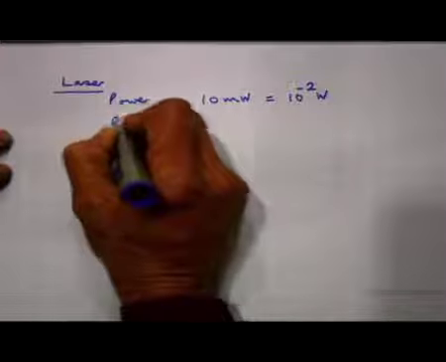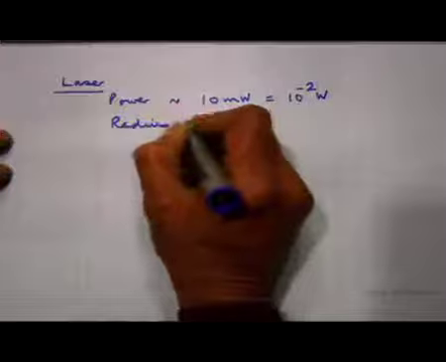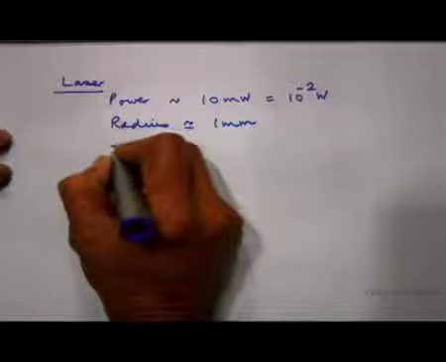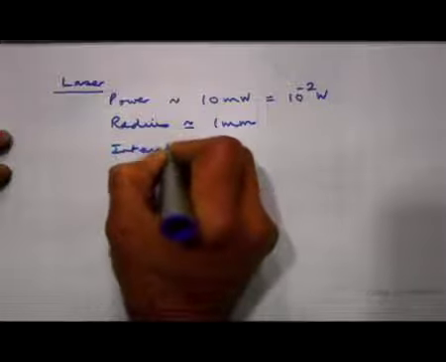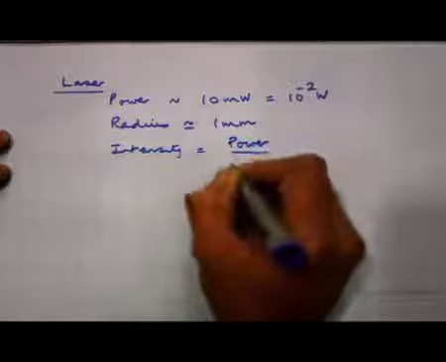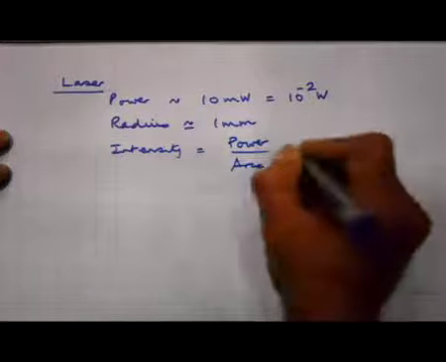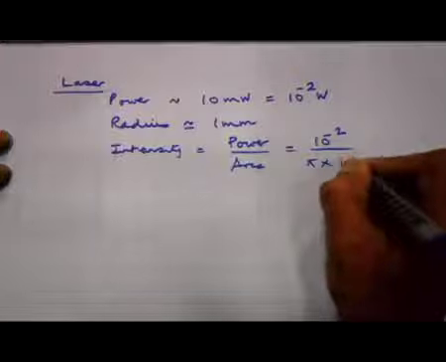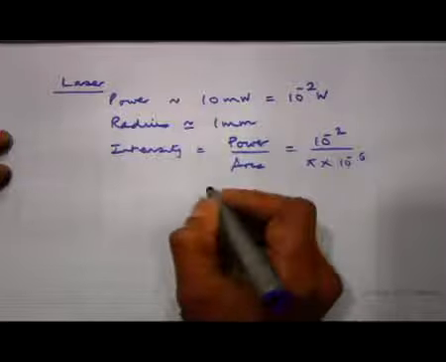and if I assume the radius of the laser beam is about 1 millimeter, then the intensity is equal to power by area, which is equal to 10^-2 by πr², which is 10^-6 meter squared.